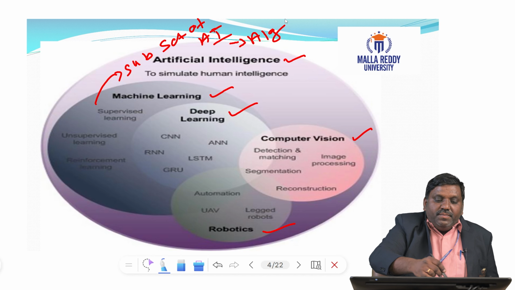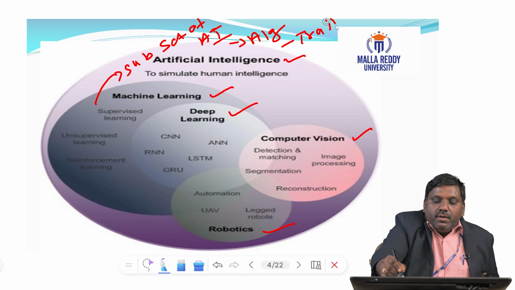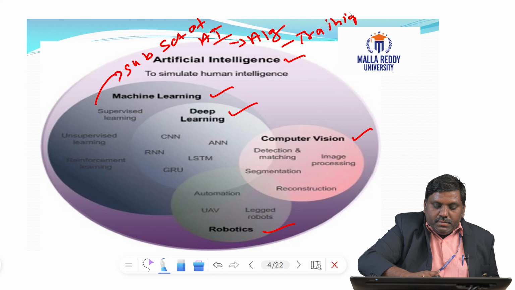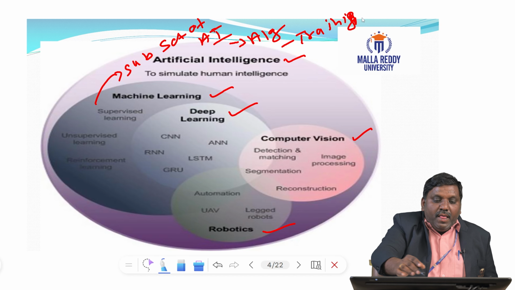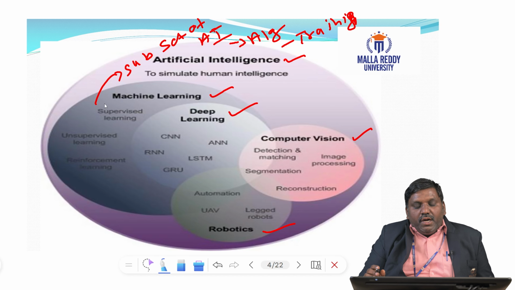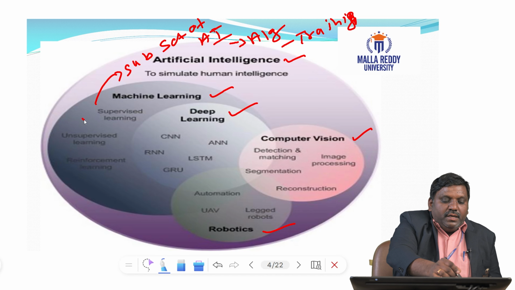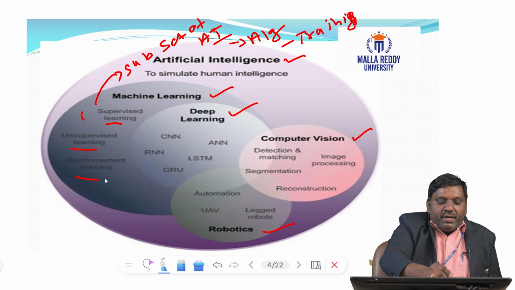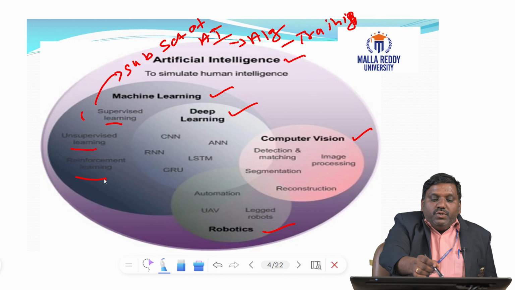With the help of the algorithms, we are training our machine. That is what happens with machine learning. In order to do that, we are using either a supervised learning algorithm, an unsupervised learning algorithm, or a reinforcement learning algorithm. These are the three themes that we are supposed to use with the machine learning concept.